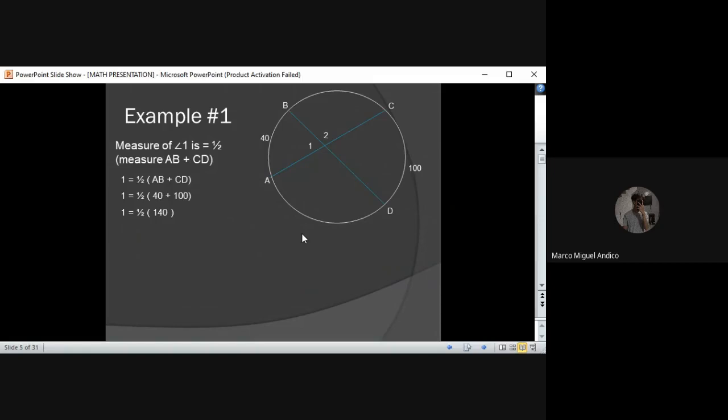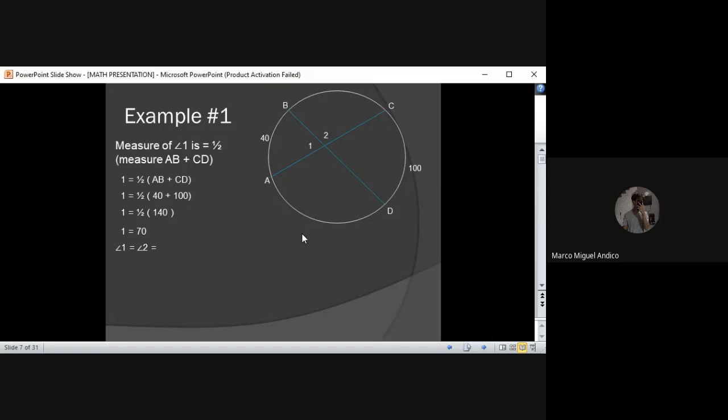So let's find the value of the second angle. So let's apply the formula of angle 1 to angle 2.